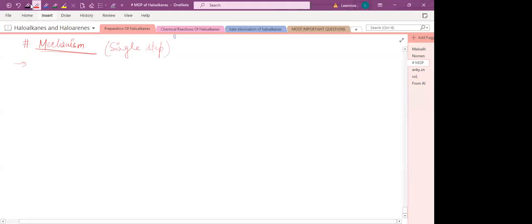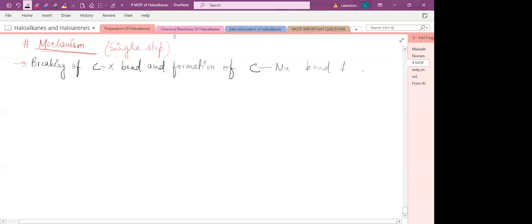Let's write this: the breaking of the C-X bond and the formation of the carbon-nucleophile bond, or you can write R-Nu bond also, takes place simultaneously in a single step.